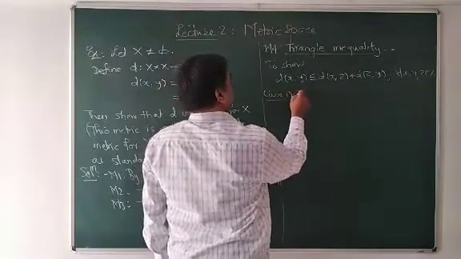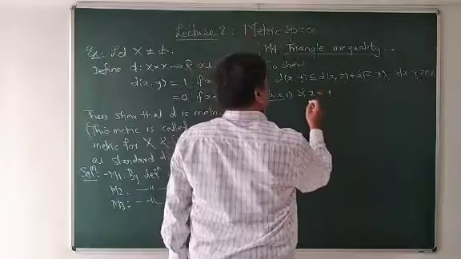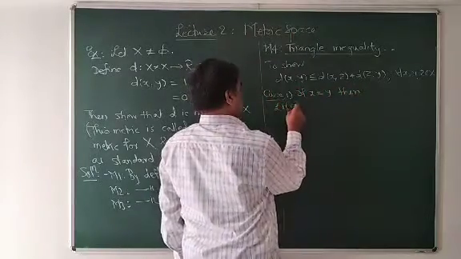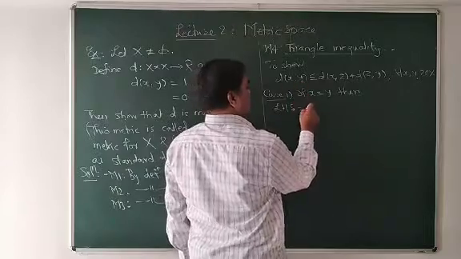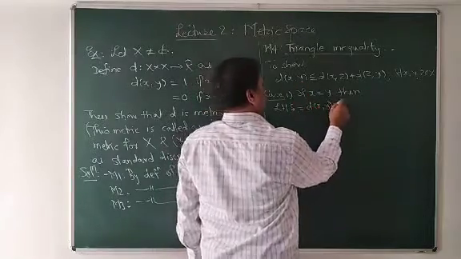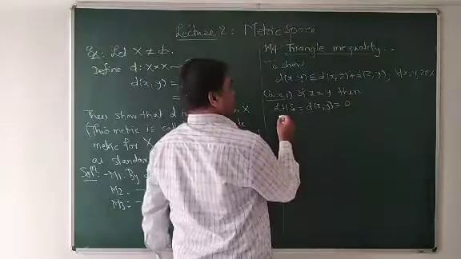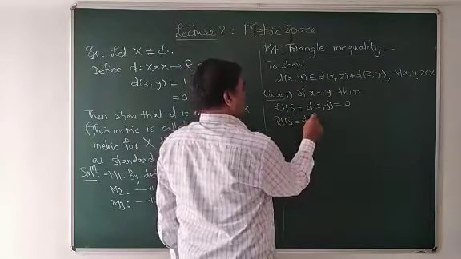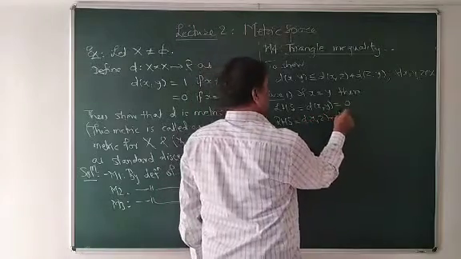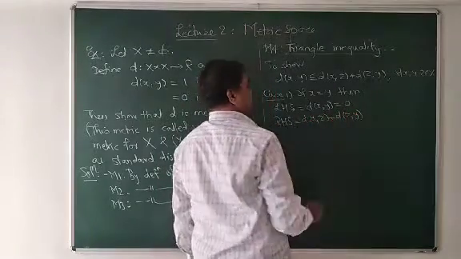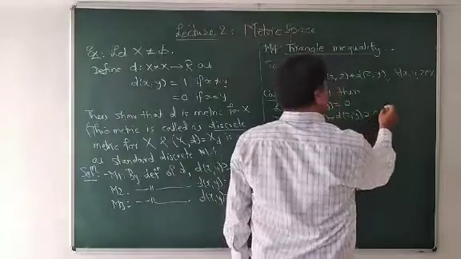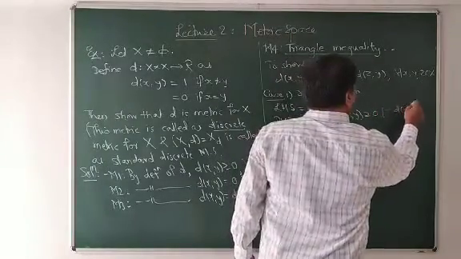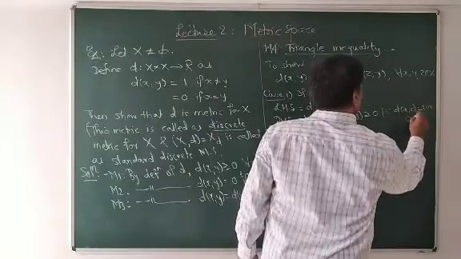Case 1: if x is equal to y, then the left hand side d of (x, y) is equal to 0 by definition of d. The right hand side, d of (x, z) plus d of (z, y), is greater or equal to 0, since d of (a, b) is 1 or 0, which is greater or equal to 0.